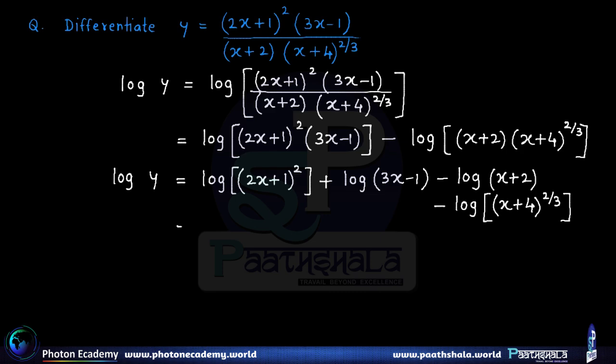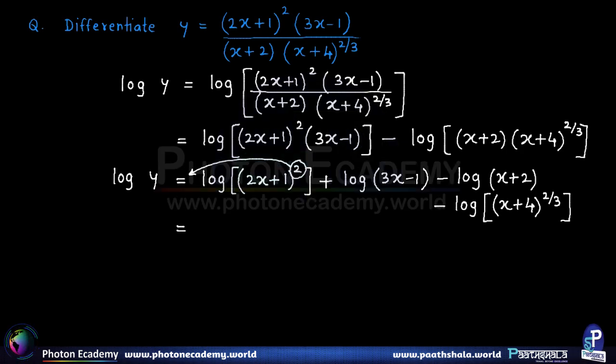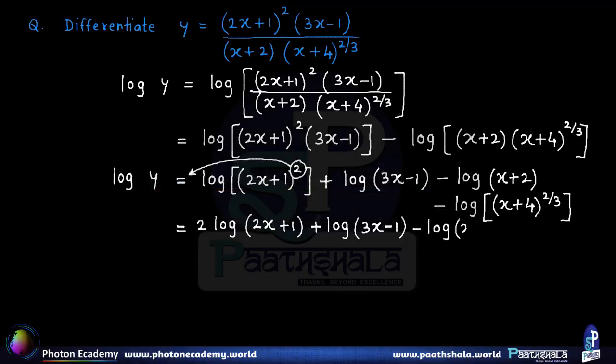Okay, now if you want we can simplify that further, that is the index 2 can be brought down as a multiplier. So that is 2 log of 2x plus 1 plus second term as it is, which is log of 3x minus 1, minus third term also as it is, that is log of x plus 2, and minus the last term is 2 by 3 into log of x plus 4.